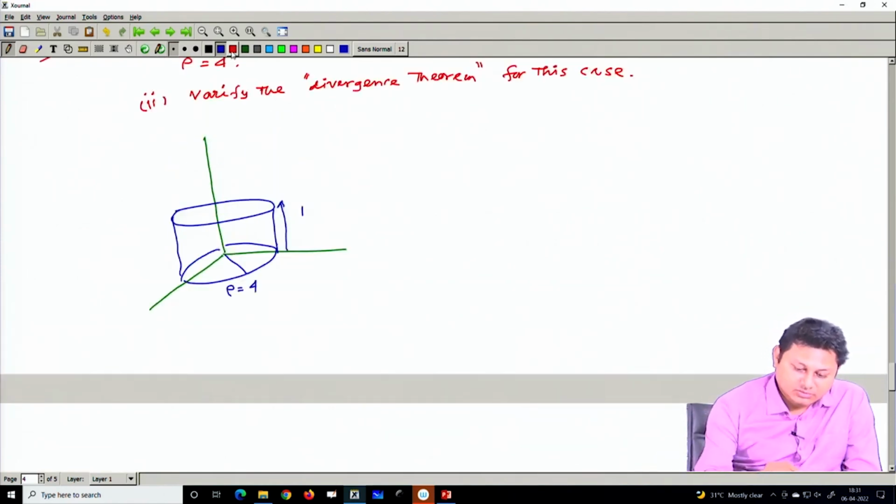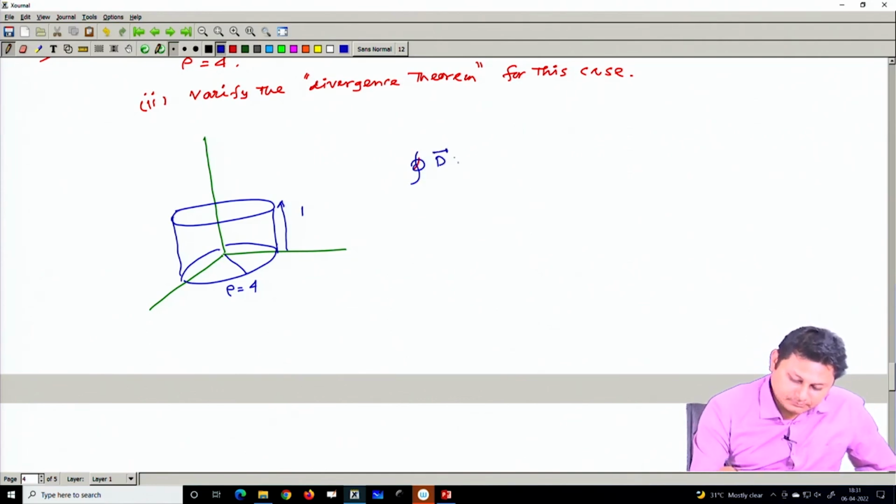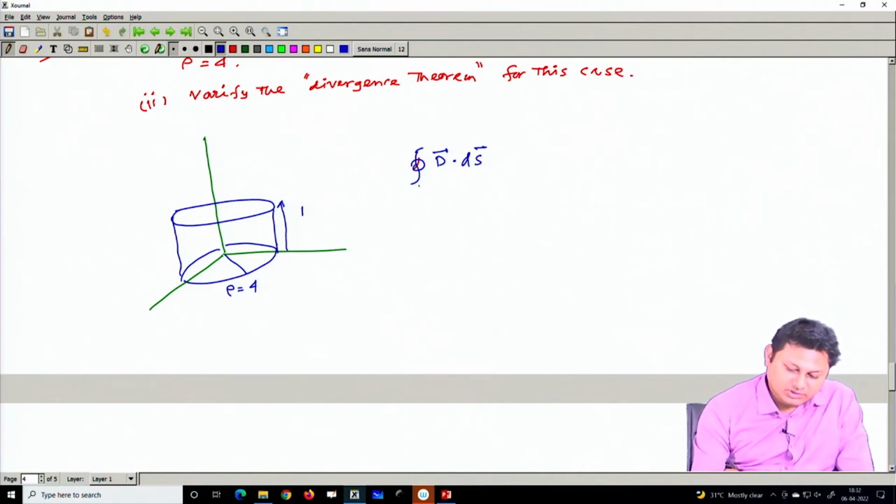So, what I need to calculate is the closed surface integral, that is the flux. My calculation is this, I need to calculate D dot ds with the closed surface integral.